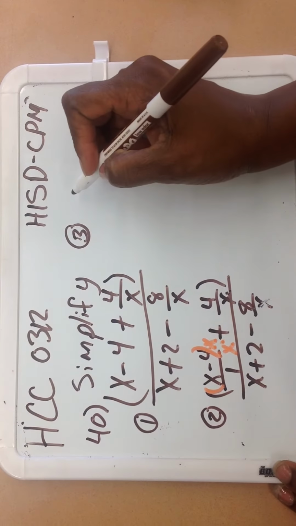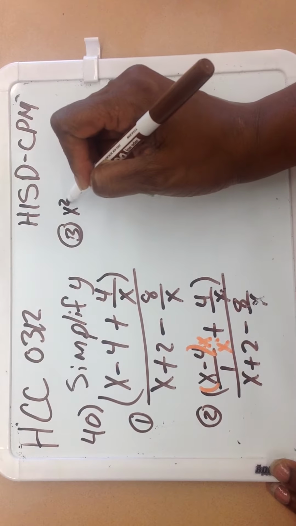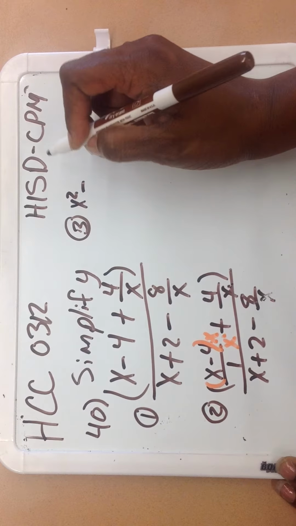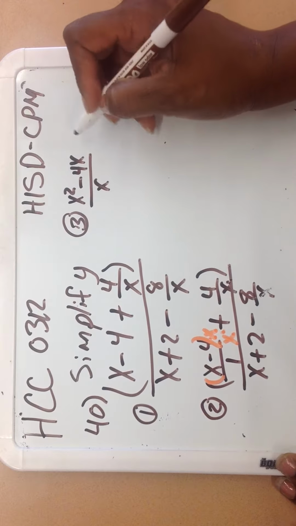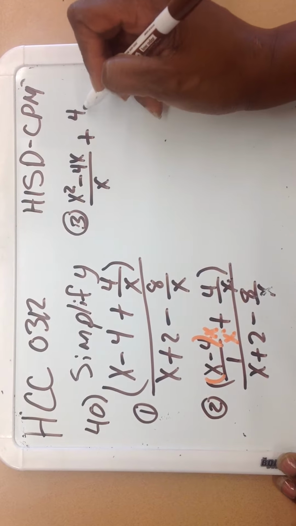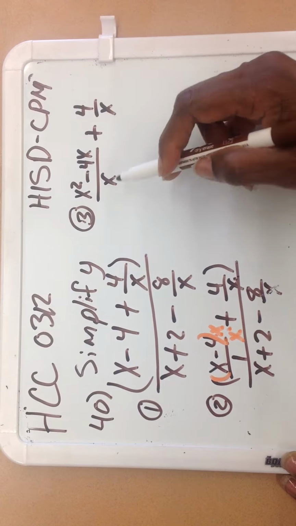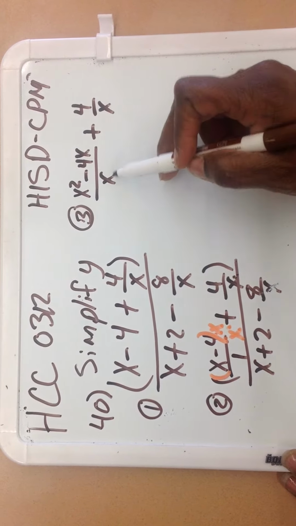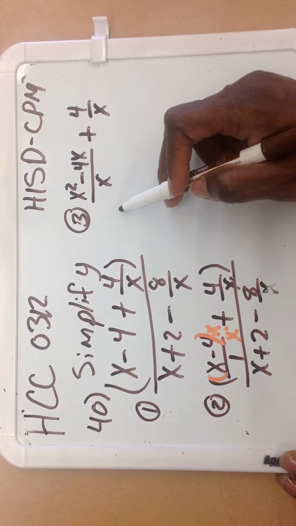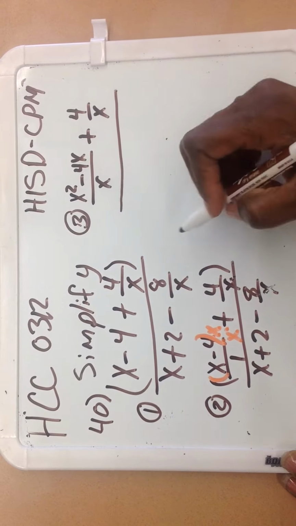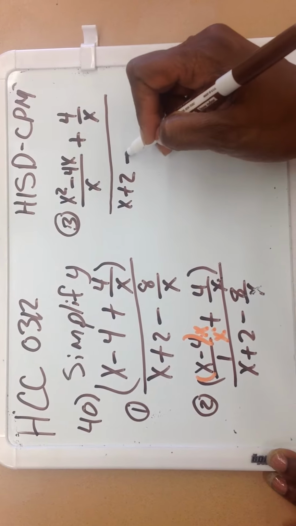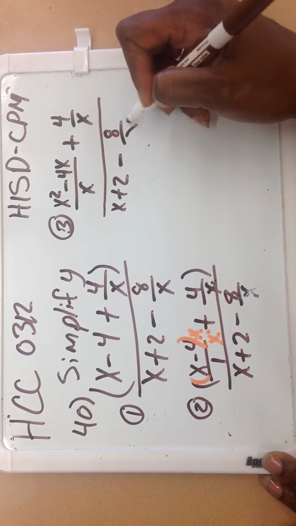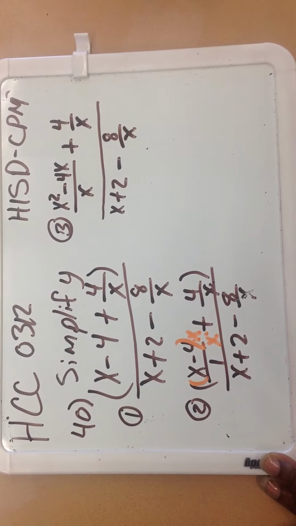That will give me at step 3, x squared minus 4x over x plus 4 over x. The reason why I did that is because I wanted these to have the same denominator. Don't forget that you still have to put all of this over the denominator that we had here, which is x plus 2 minus 8 over x. Remember, you want to bring that over again.